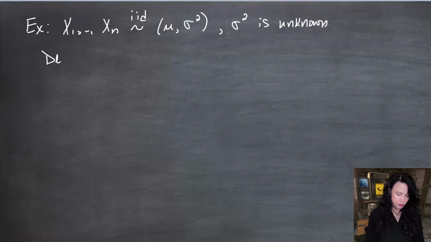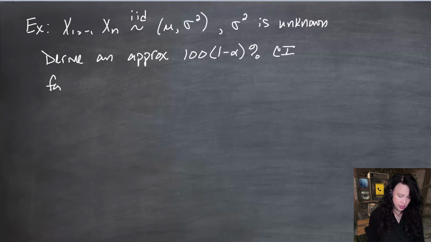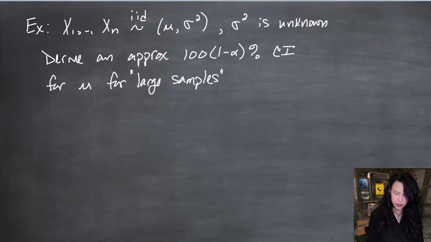And I want to derive an approximate, because I don't have the name of a distribution, so I can't really work with exact quantities, an approximate 100 times 1 minus alpha percent confidence interval for the unknown mu for large samples. So, a large value of n greater than 30 or 40 or much larger. I prefer that, because let's not even cut it close.